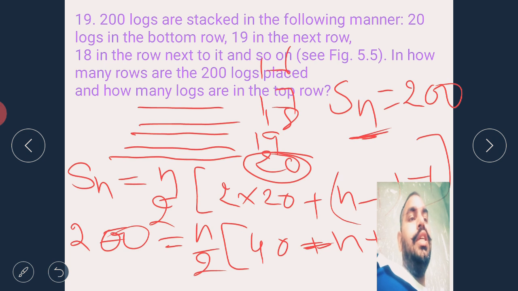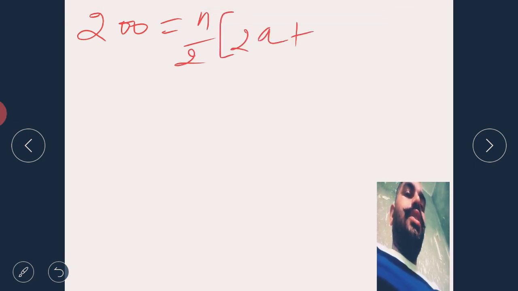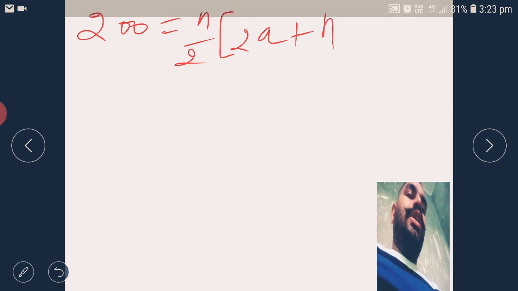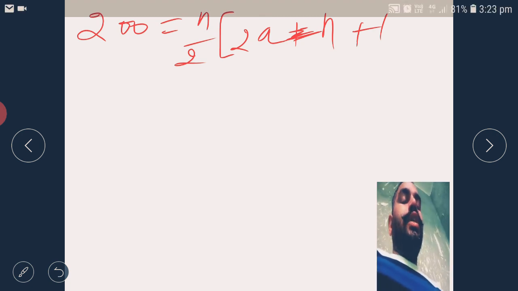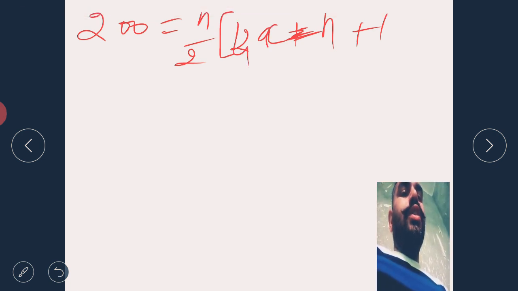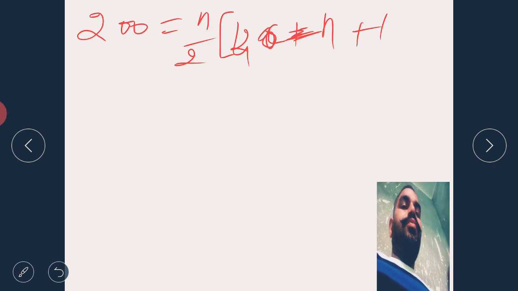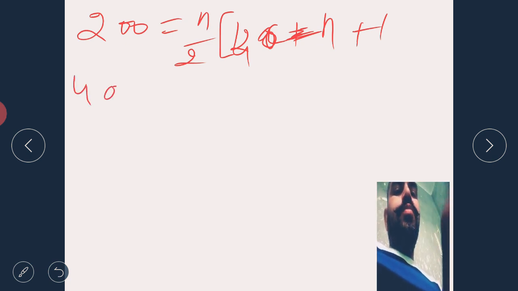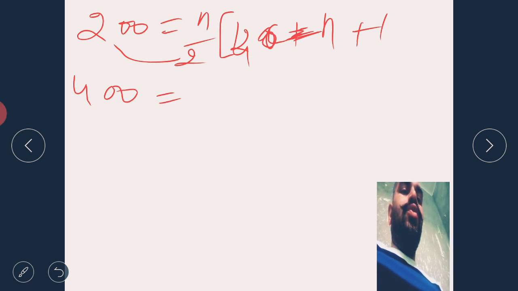So 200 is equal to n by 2 into 2a plus n minus n, sorry, or plus 1. Got it or not? A is 20, so this is 40, this is 40, so this is 400. Transpose this side is equal to 40, this 40 plus 1 41n minus n square.